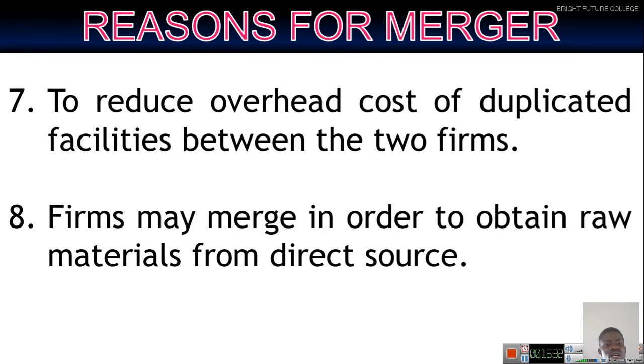Number 8, firms may merge in order to obtain raw materials from direct source. That takes us to trust. The raw materials in shoe production, still using the shoe making factory as an example, are leather and sole. So if a trust, as a form of merger, is formed, it means that the company will have a direct source of leather and sole. It cannot run into shortage of stock.